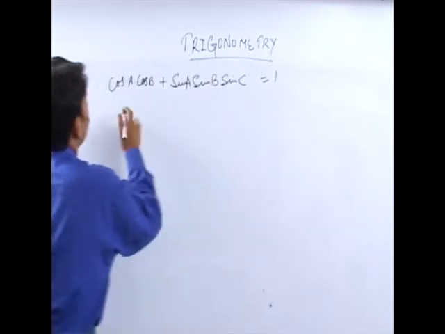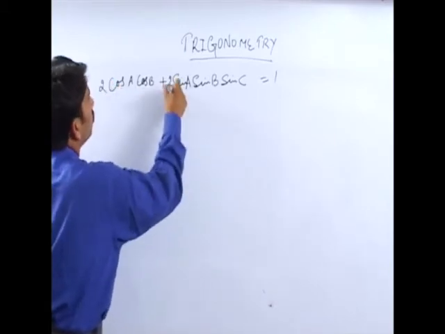Now, first of all, you multiply it by 2 on both sides.